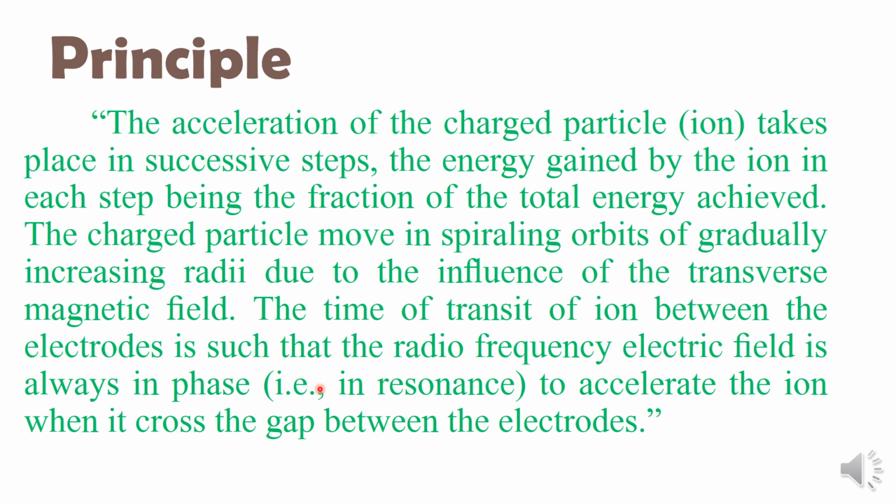This is called the resonance condition, and only when this resonance condition is satisfied does the particle get accelerated. Now this is the principle of a cyclotron. You will understand it after discussing construction and working.